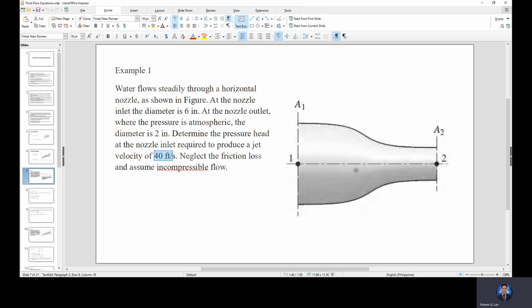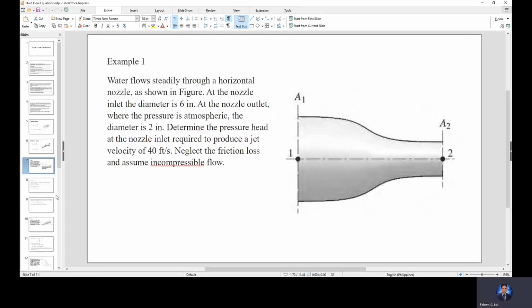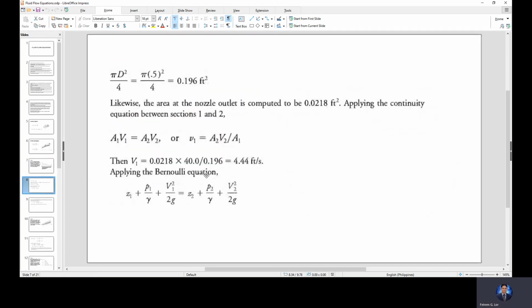That is the velocity of the water exiting the nozzle. So substituting that to the continuity equation, we can solve V1 as A2, 0.0218 square foot, times V2 divided by A1. So we can solve for the velocity V1 as 4.44 feet per second.